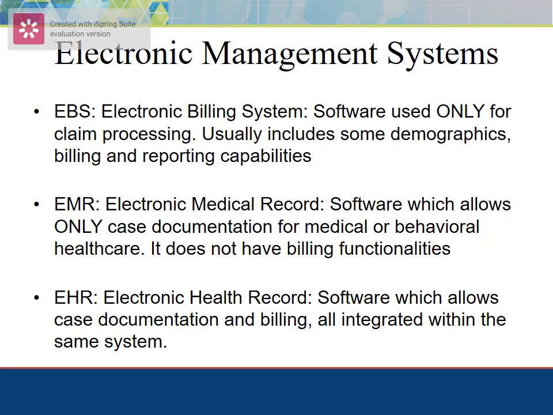This is where we're going to do our claim scrubbing. We're going to make sure that our claims are processed best, that we're going through a clearinghouse. The EBS is connecting to a clearinghouse system. They're going to house the information like the diagnosis code as well as your billing code and all that information. That's where that's going to be housed.